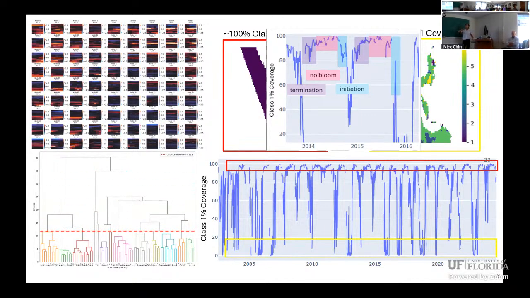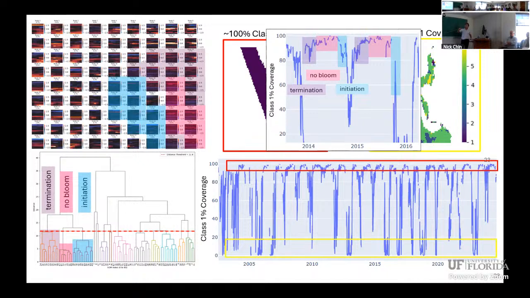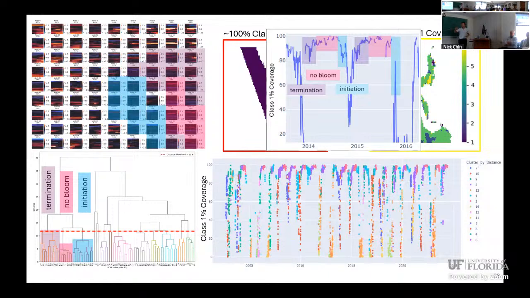Using our self-organizing map and our Ward's hierarchical clustering, we wanted to pick a cutoff where we could identify those 3 states within our self-organizing map. By choosing that particular level, we were able to identify particular clusters within our self-organizing map that gave us this.